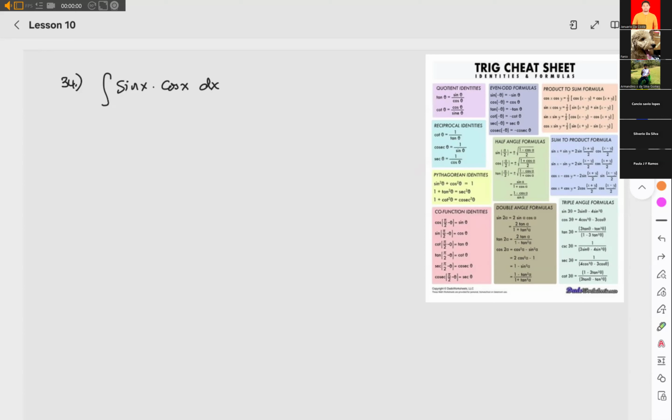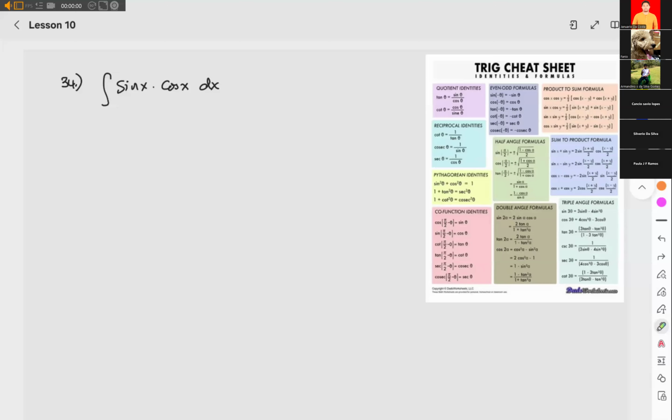When you multiply sine and cosine, which angle is it? If you look at the double angle identity, what do you see? That's a double angle identity, right?